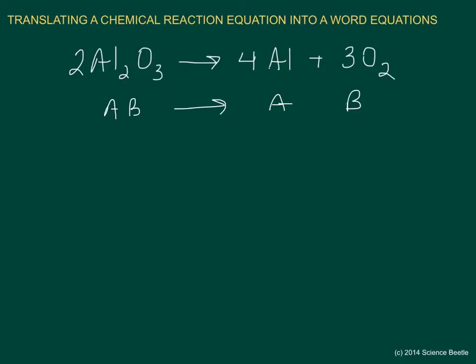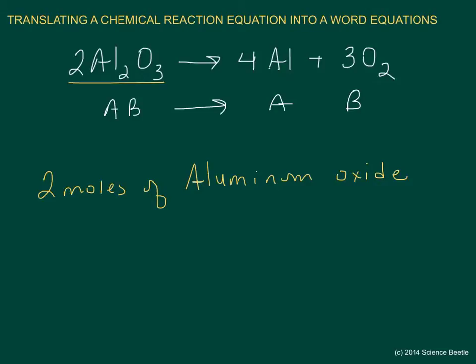And so beginning the translation, I'll go ahead and begin over here with a 2Al2O3. This part right here, I've got 2 moles of aluminum oxide. And you have to make sure that you remember that aluminum is a transition metal, so we do need to make sure that we put in parentheses right here in the middle.